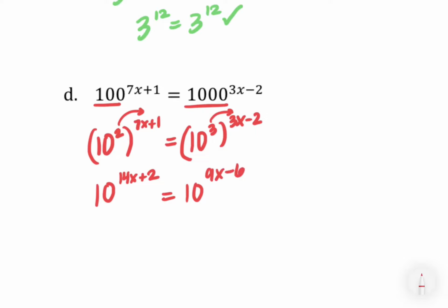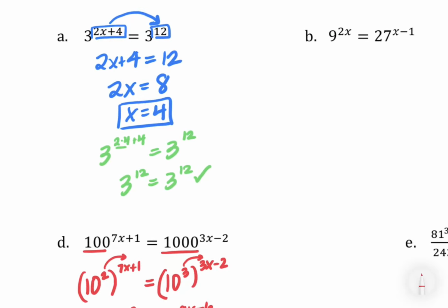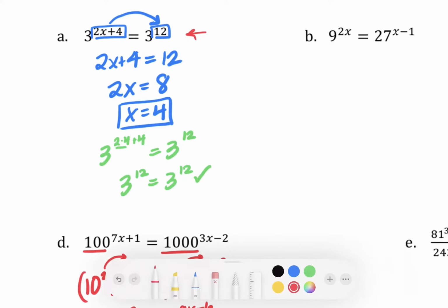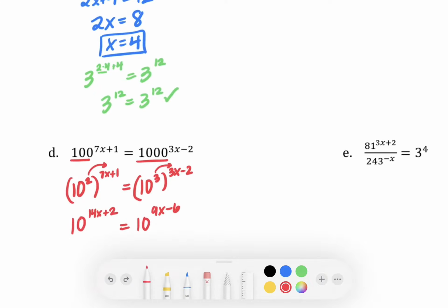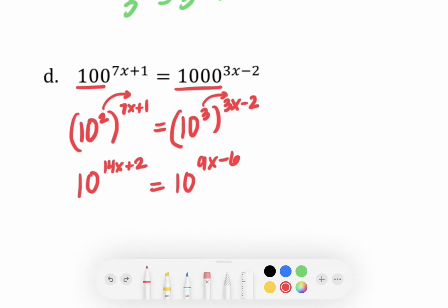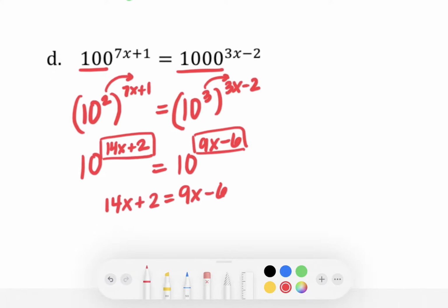Now we have that magical scenario from the problem above. When we have the 3's equal to each other, we can just solve those exponents. Same thing right here now. We have our 10's the same, so we're really just looking at this exponent here must be equal to this exponent right here, or 14x plus 2 must be equal to 9x minus 6.